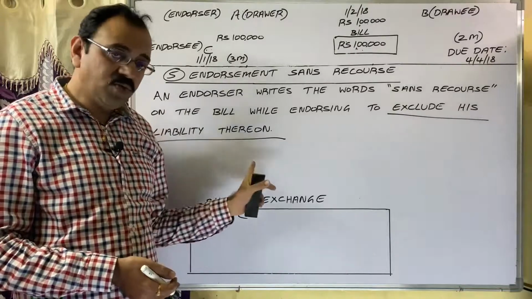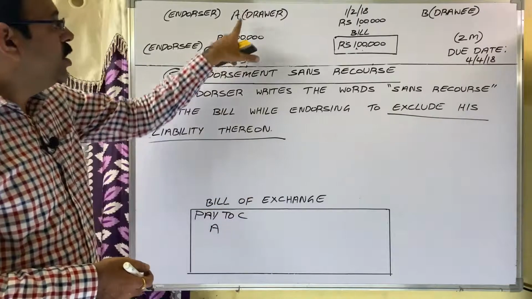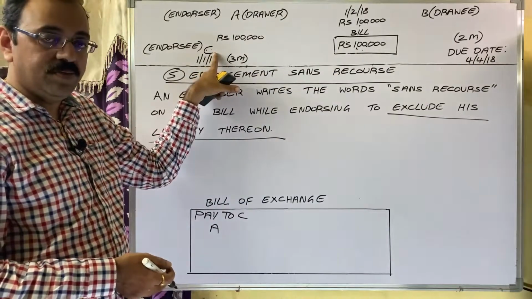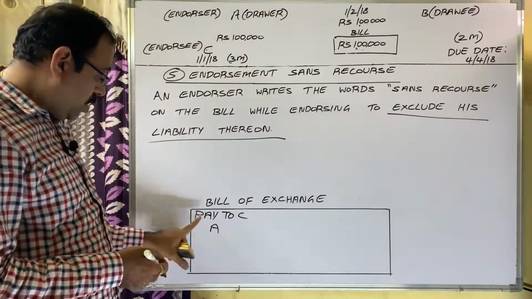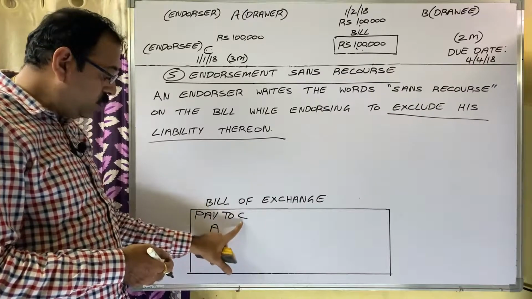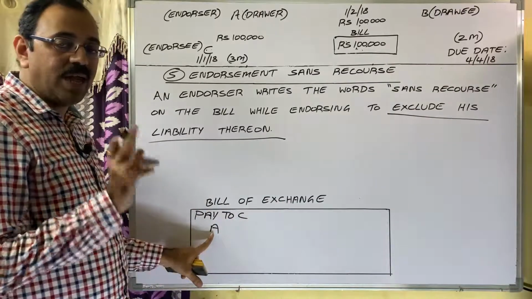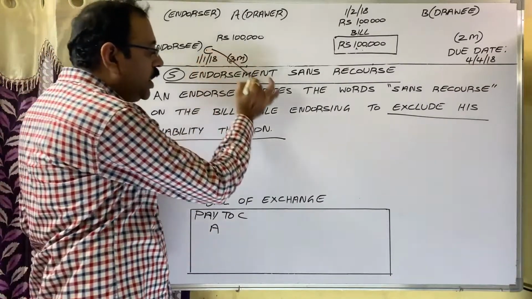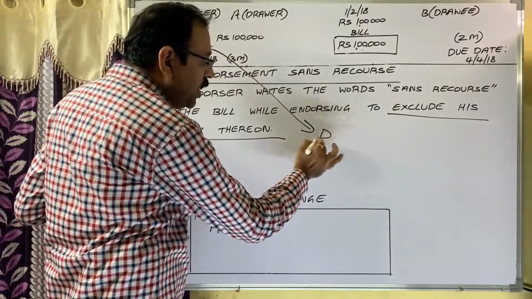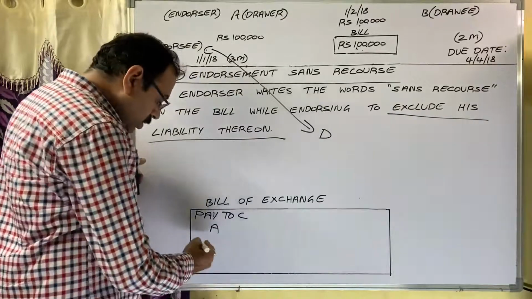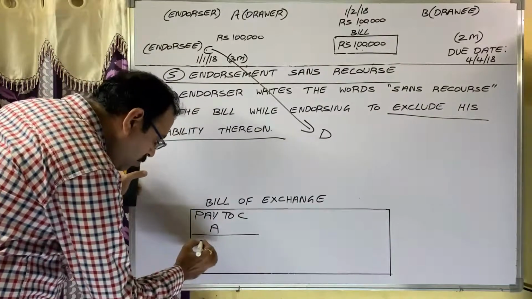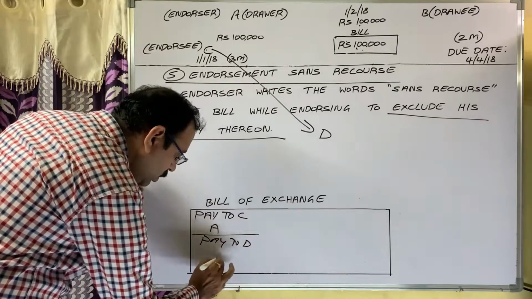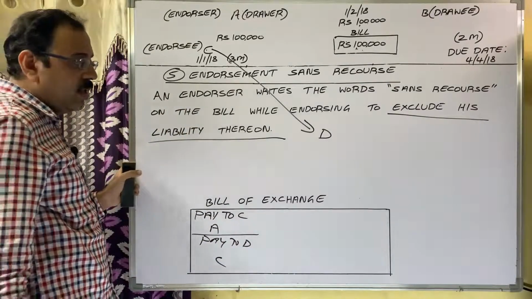Okay? Means what? Let us see clearly. A is endorsing this bill to C, and A wrote like this: "Pay to C," A. This is endorsement in full. Now C is endorsing this bill to D. Then C also does the same: "Pay to D," and C puts his signature.